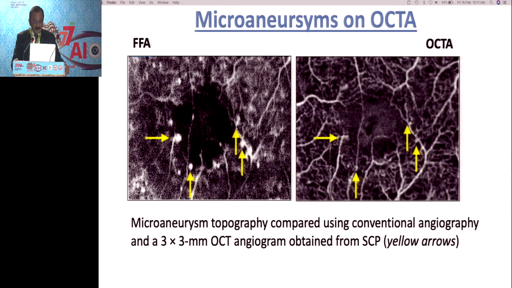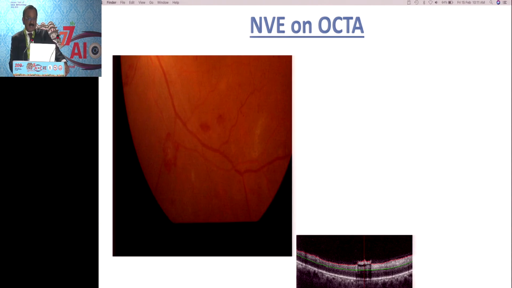With FFA, you were able to identify the microaneurysms by the leak, and with the OCTA you are able to identify which layer they are present in, whether in the deep capillary plexus or the superficial capillary plexus. I was seeing that microaneurysms are present more in the deep capillary plexus than in the superficial capillary plexus.